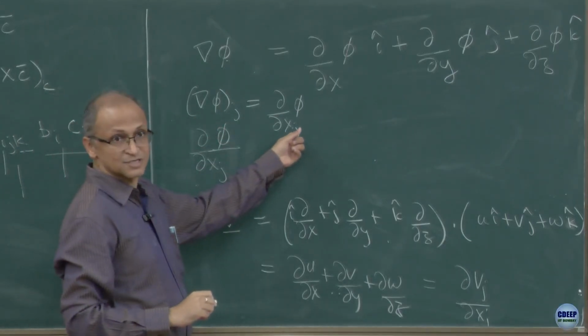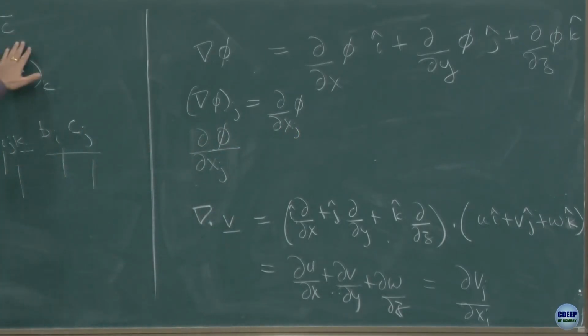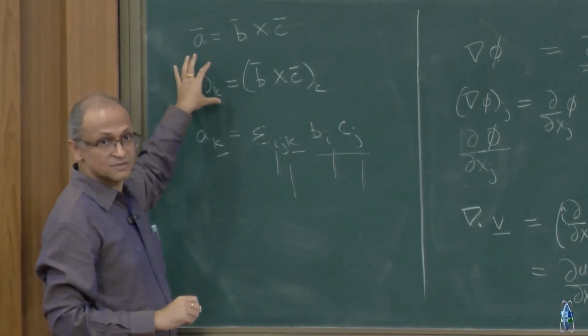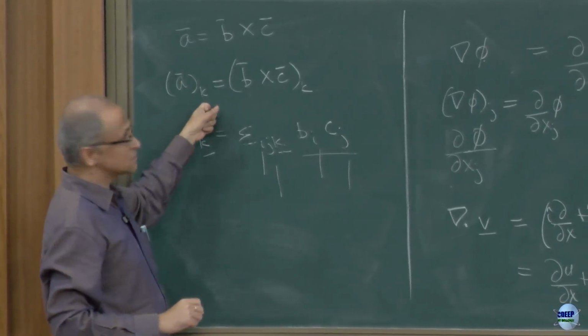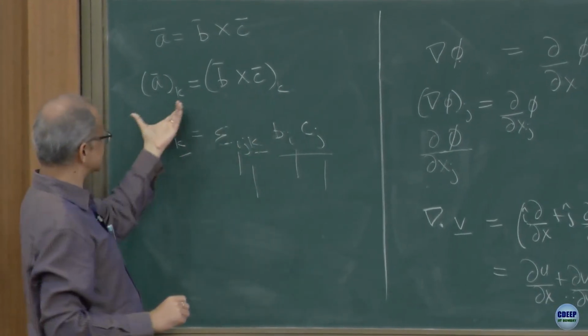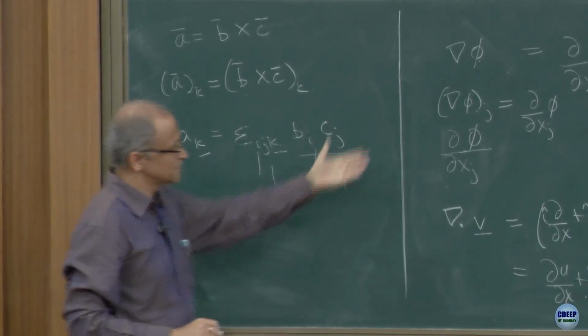It is going to be picked just like we have picked up before. This is my vector equation, and in there I said that I'm only looking at the kth component of that. So I pick the kth component on both sides, and then I write it out as this. Same thing I'm doing here.